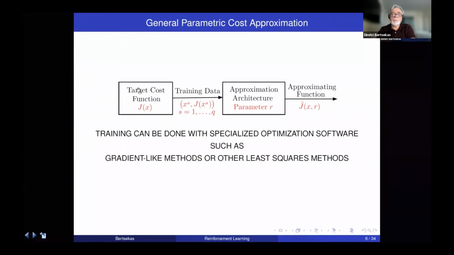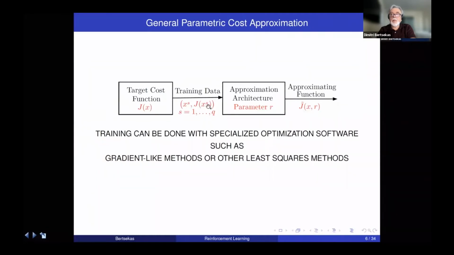We have a certain target cost function, be it an optimal cost function or the cost function of a policy, and we obtain training data from that target cost function, which are state-cost pairs. There are many of those, Q in number. These are selected states from the state space, and these are the corresponding cost function values, which somehow we compute, perhaps with some error.